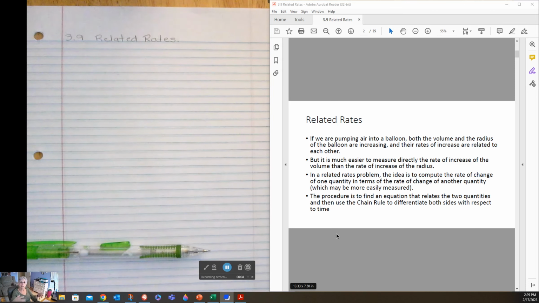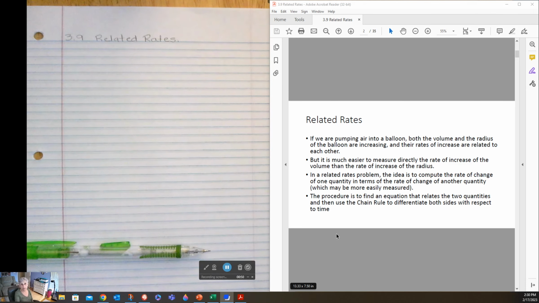And their rates of increase are related to one another because the volume of a balloon is dependent upon its radius, but it's way easier to measure the amount of air going into the balloon than it is to try to measure the radius from the center of the balloon.